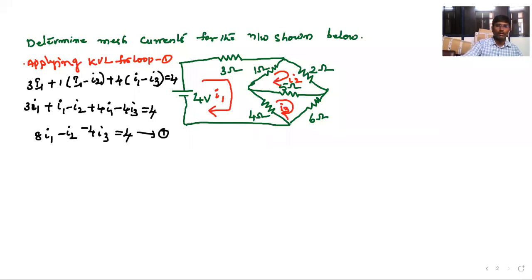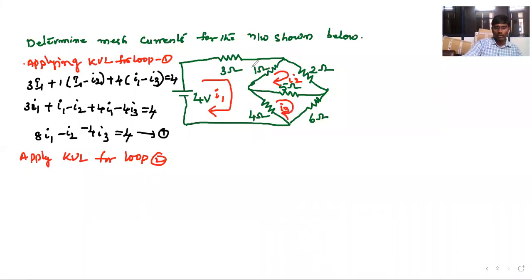Now apply KVL for loop 2. What are the elements present in loop 2? 1 ohm, 2 ohm and 5 ohm. What is the current flowing through 1 ohm?